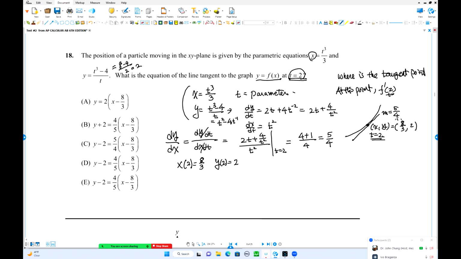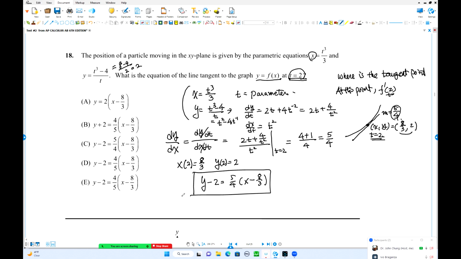Now we have the slope and a point already. Now we can use the point-slope form. So y minus y1, which is 2, equals the slope 5 over 4 times x minus x1, which is 8 over 3. Okay? We can leave it this way. That's the answer.